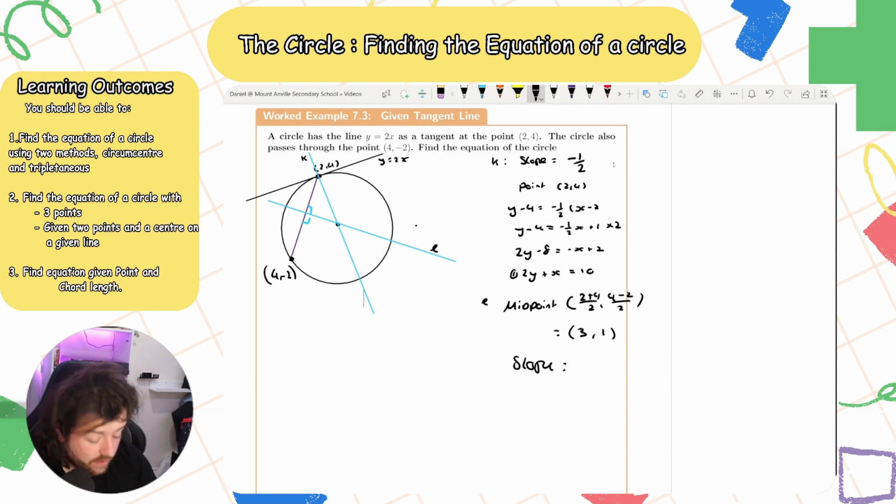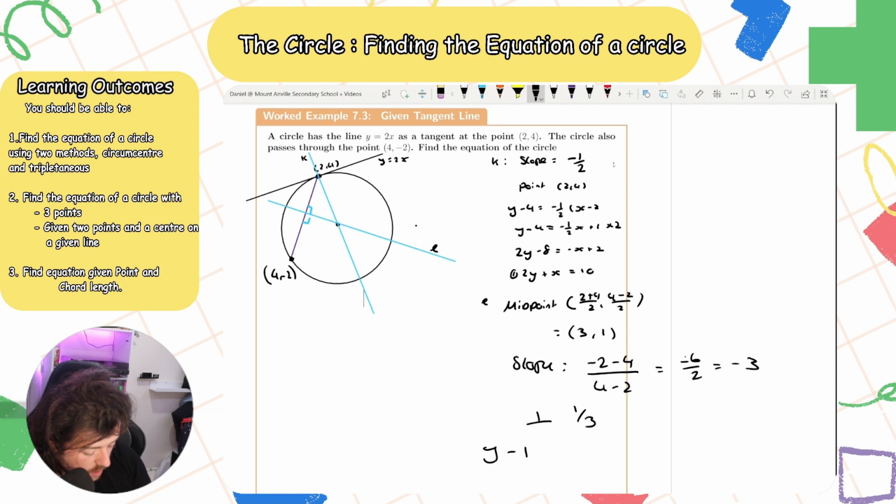Let's find the slope of line L. That is going to be equal to y2 minus y1, so 2 minus 4 all over 4 minus 2, which is minus 2 over 2, which is minus 1. Therefore, the perpendicular slope is then 1.